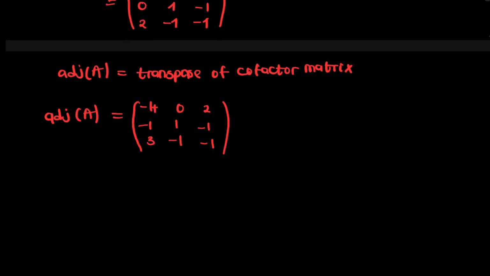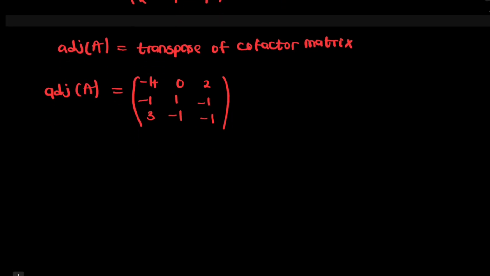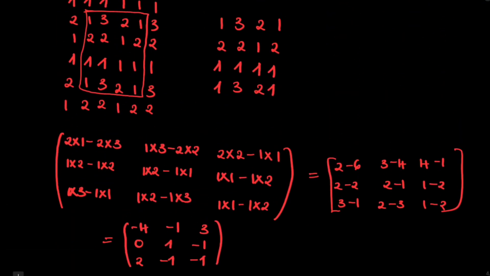Now let's look for the inverse of this matrix. So the inverse of this matrix is 1 over the determinant times the adjoint. So what was our determinant?